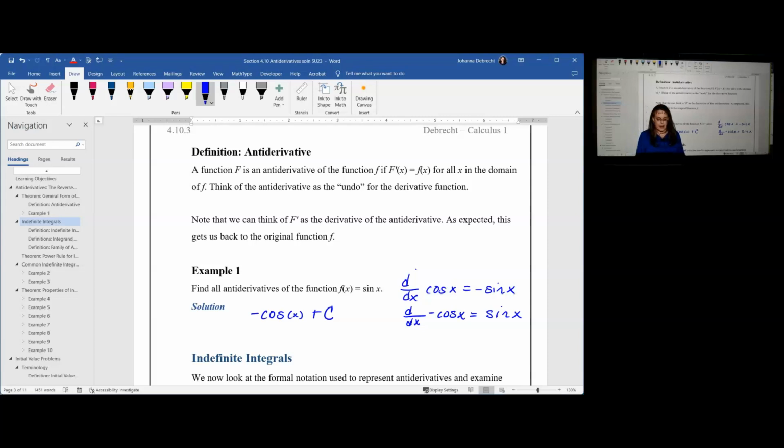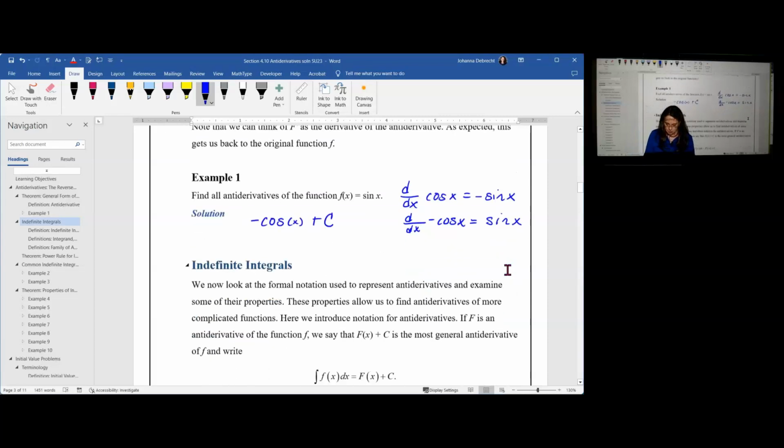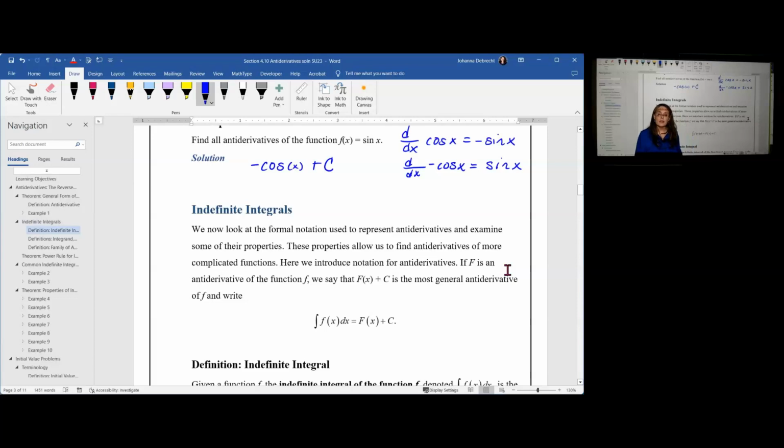Let's now talk about the indefinite integral. The indefinite integral is, in fact, this antiderivative class of functions. We're going to introduce the notation for integration now. This symbol that you see here is called the integral.